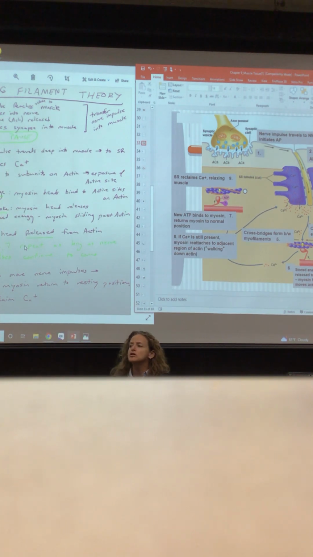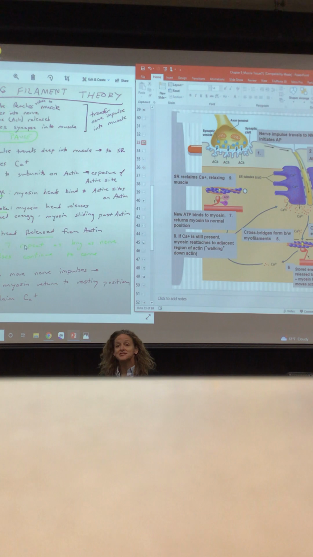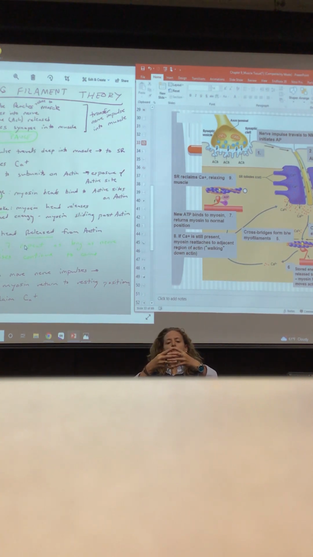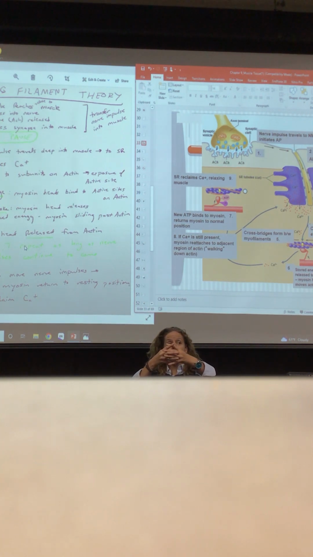So what it's going to look like, this is a pretty good review here. Summarize it. The first time there's a cross bridge, actin and myosin bind together, slide, and then release.